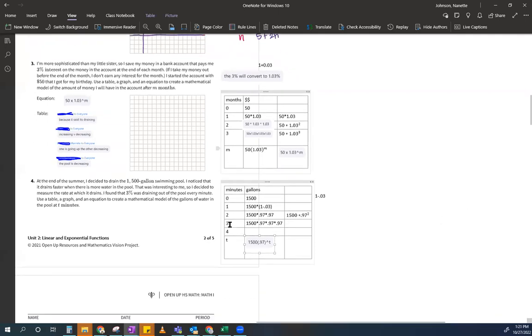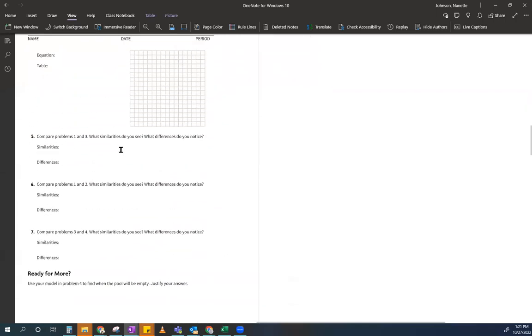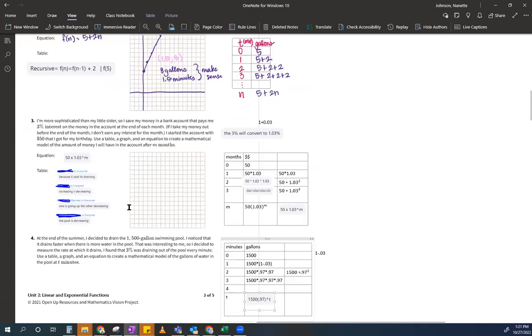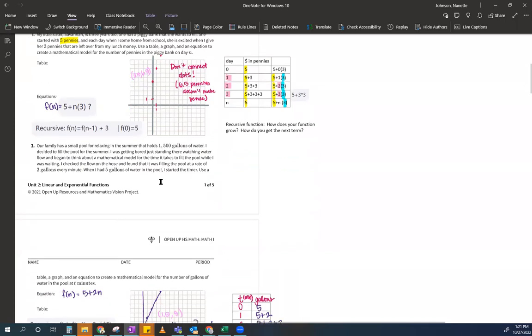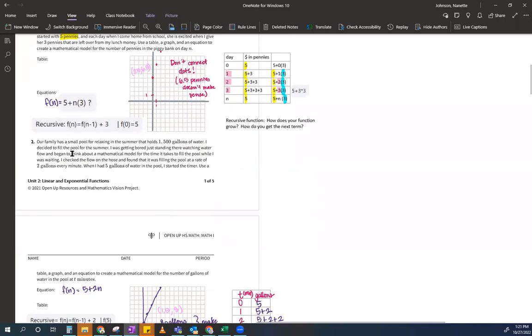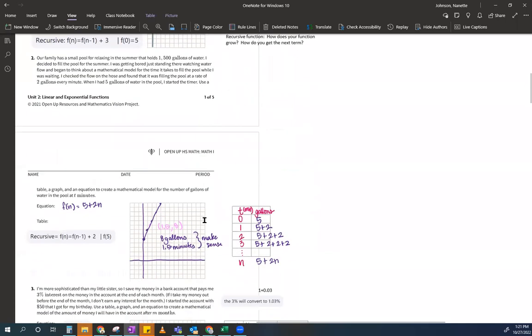Okay, the other ones are asking what the similarities and differences are. Now they want you to compare 1 and 2. This one was increasing, and this one, you're draining, wait, no, what is this one? Yeah, both of these are still increasing, right?